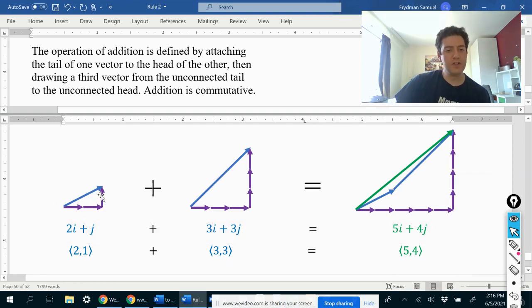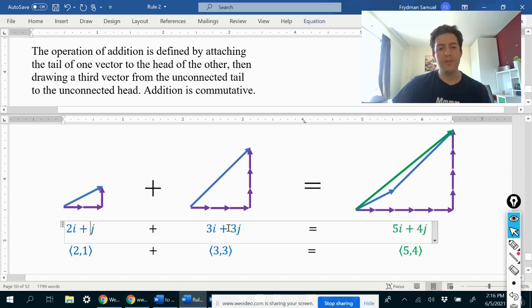And if this first vector has 1 j vector, and this second vector has 3 j vectors, then when we add them together, the third vector would have 4 j vectors. So the coefficient here is 1, even though it hasn't been written. And 1 plus 3 is equal to 4.